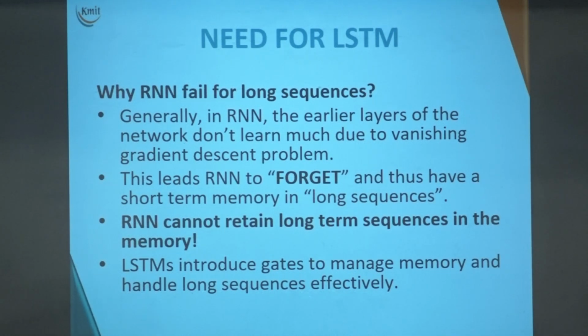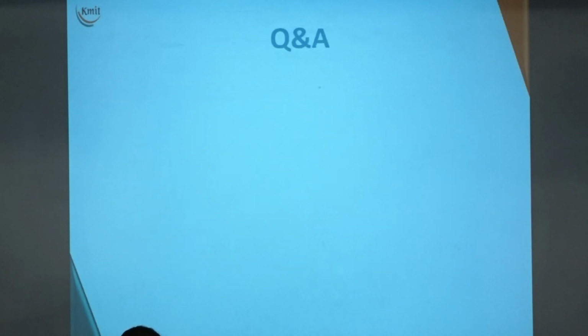Gates mean what? Why do you use a gate? To come in or to go out. So here also LSTM has gates to regulate information: which has to be stored and which has to be discarded. Just a gist I am giving, we will dive into detail. So LSTM introduced gates to manage the memory and to handle long sequences effectively. That was the solution for all the challenges that RNN faced.